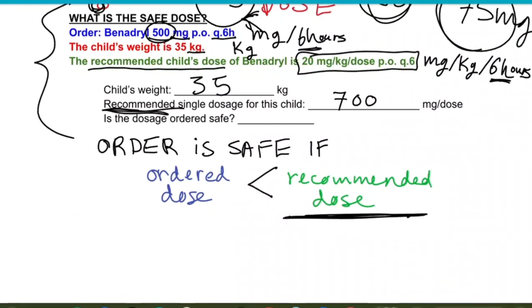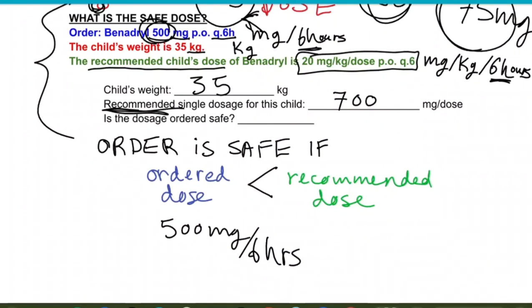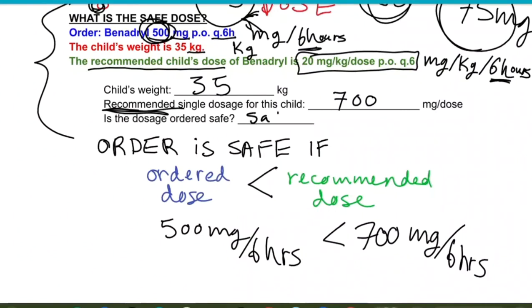The recommended dose needs to be larger. And in this case, the ordered dose is 500 milligrams per 6 hours, which we have up here. And that is less than 700 milligrams per 6 hours. So yes, this one would be safe.